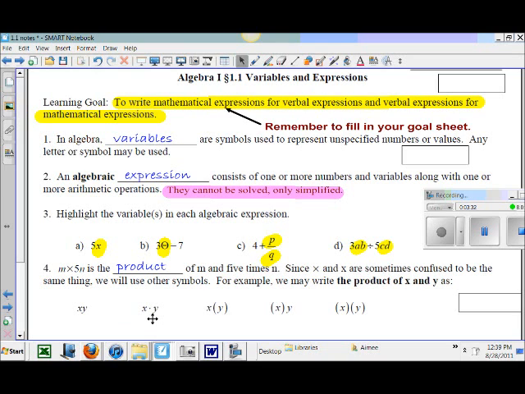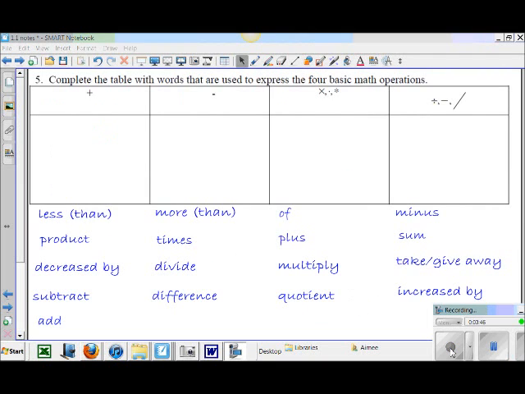The other symbol is the little dot, or we could put parentheses around the second term, around just the first term, or around both terms, and those all mean multiplication.